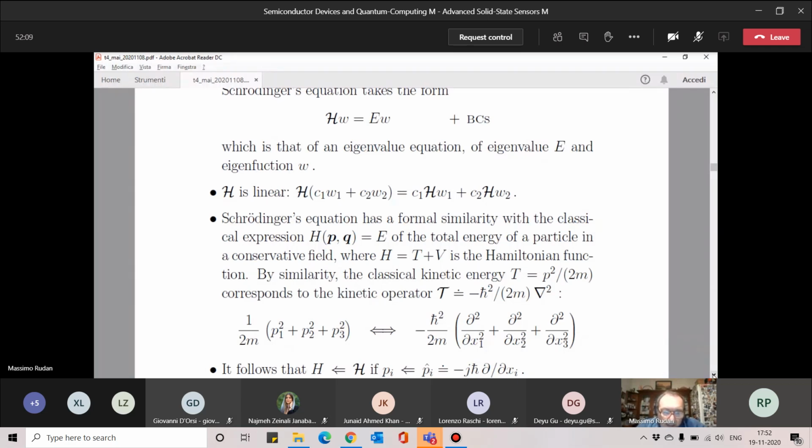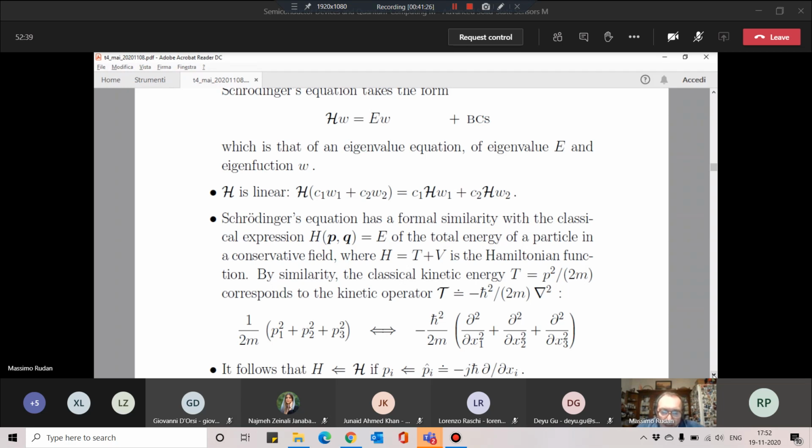If you take a classical dynamics of a particle of the conservative type, you remember that in this case, V is the potential energy and it depends only on the components of position of the particle. V depends on R, okay?